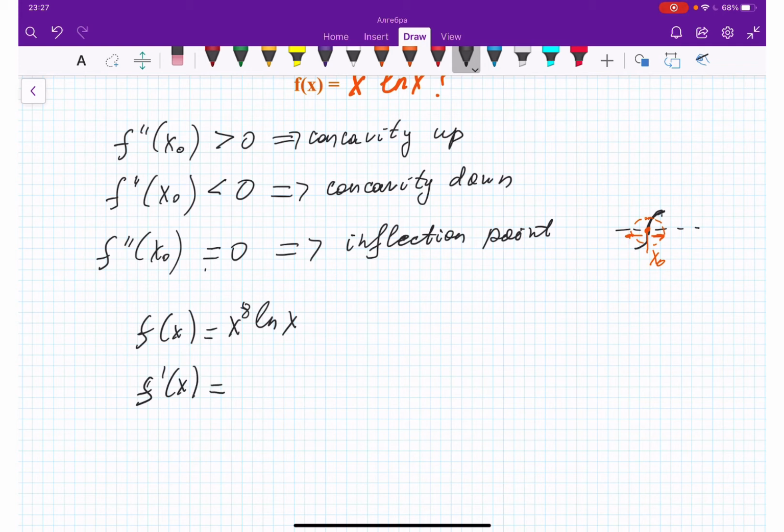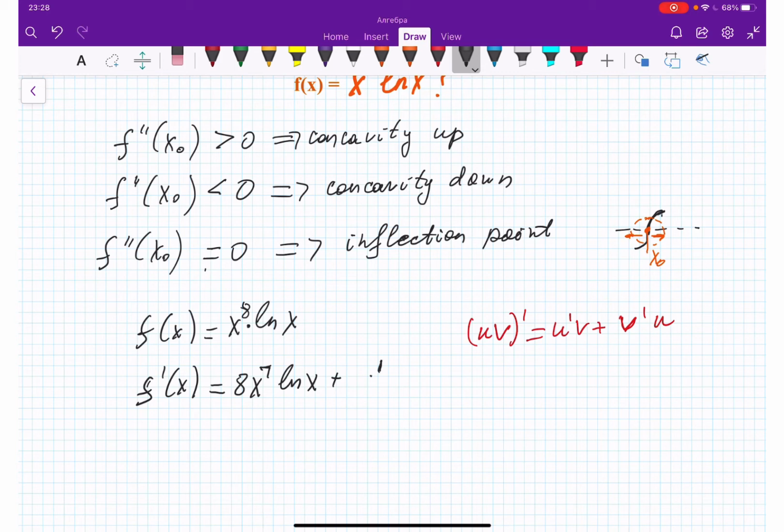Since we have a product here, I'm going to apply the product rule: (uv)' equals u'v plus v'u. The derivative of x to the power 8 is going to be 8x to the power 7 times natural logarithm x, and then plus the derivative of v, which is logarithm x, going to be 1 over x.